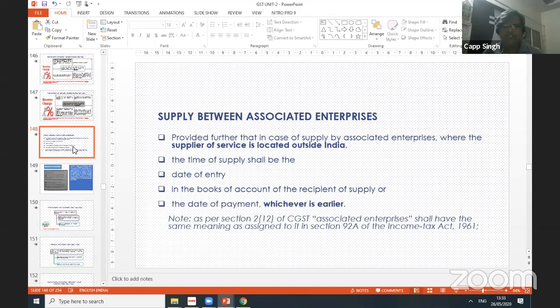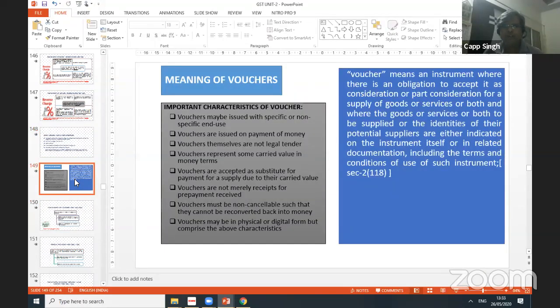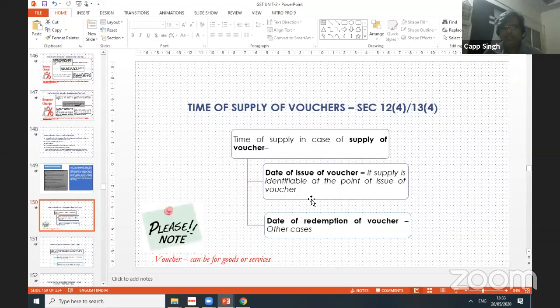In the case of vouchers, the time of supply shall be the date on which the voucher is issued, if the product is identifiable. If the product is not identifiable, then the date of redemption of the voucher shall be the time of supply. So if you are visiting Big Bazaar or any other company, generally they provide you vouchers.